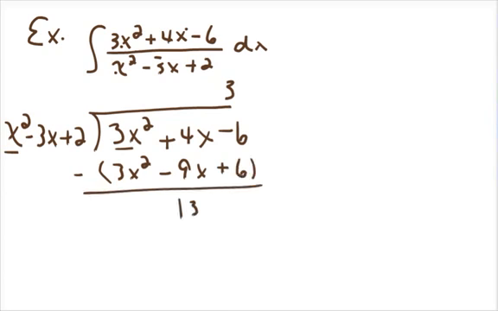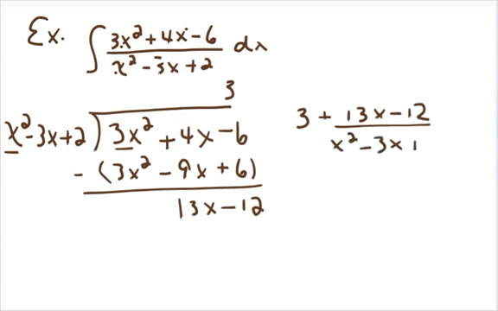When I subtract that, I get 13x minus 12. That's my remainder. So here's my easy to integrate polynomial, just simply 3. And the rational function is 13x minus 12 over the divisor of x squared minus 3x plus 2.